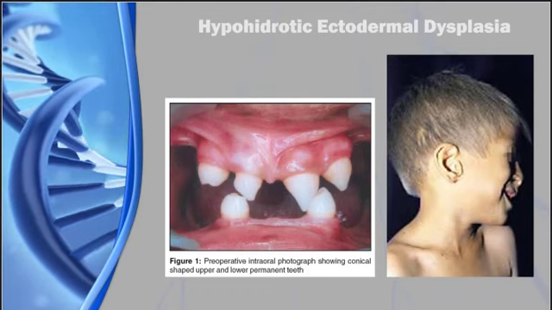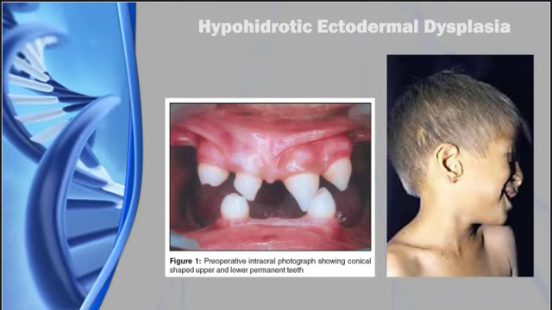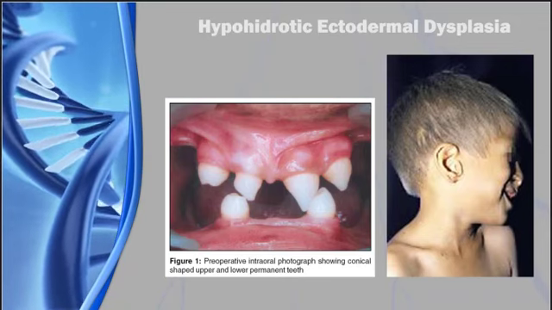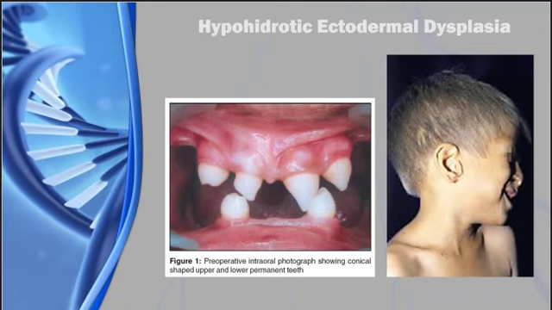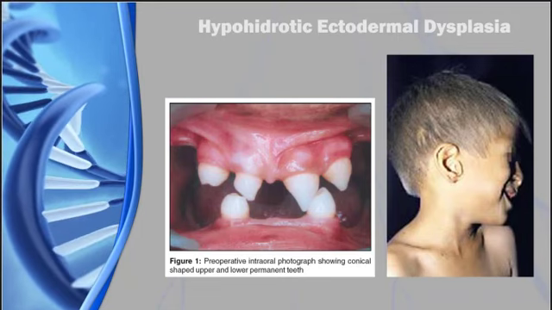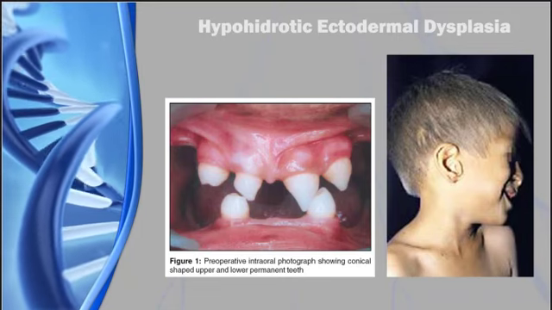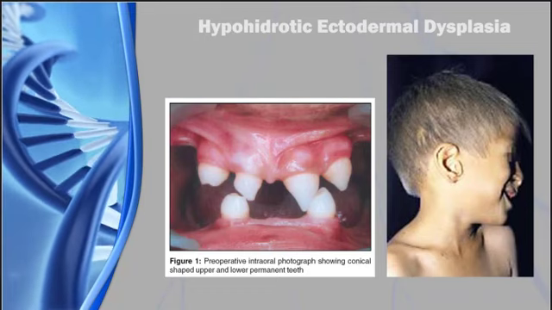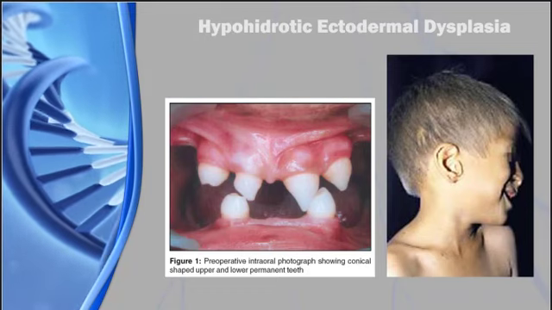These patients unfortunately have a high mortality rate of 30%. They are typically missing multiple teeth. They will have low, large-set ears, and they're going to have mid-face hypoplasia, thin hair, and shiny, smooth skin.